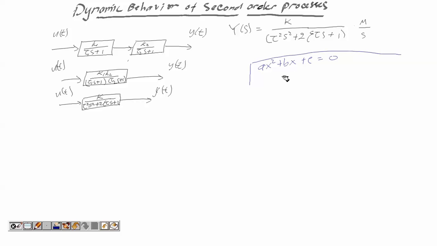To find the root, x1,2 equals minus b plus minus square root of b square minus 4ac, over 2a.